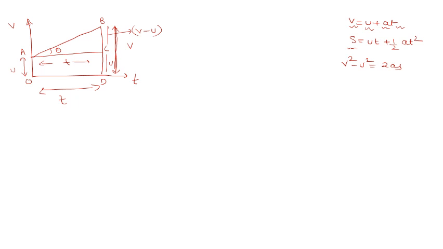Now, in order to get the first equation, as you know, this is a velocity versus time graph, and the slope of the graph is represented by tan theta, that means perpendicular upon base. Perpendicular is v and base is time for this graph.